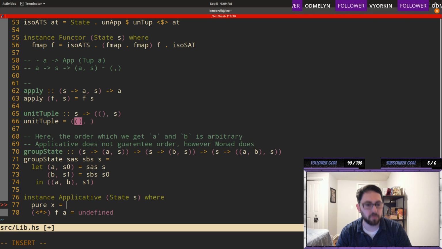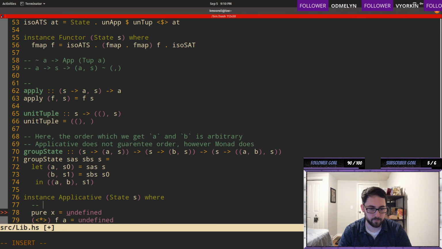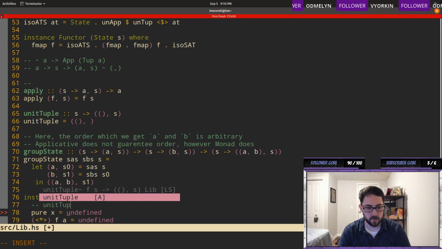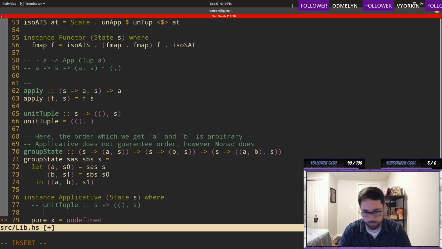We need unit tuple and fmap. Okay. So what are we trying to do? Let's make this undefined and write some types. So we have unit tuple. Okay.